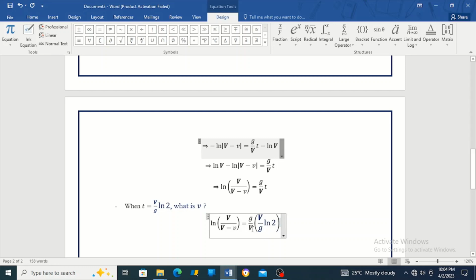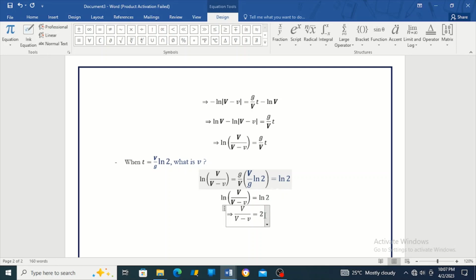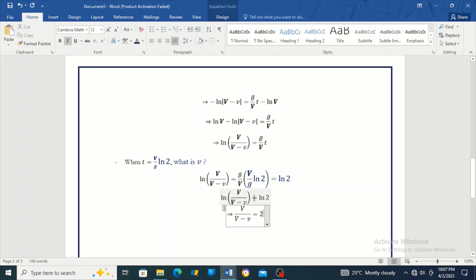Okay, now the first thing to do is that the v is going to cancel here, so it's not going to be there. You just have 2. I was already wondering why we are having 2 to the power g, because this g here we cancel with this g here. Sorry for the delay. Okay, now taking exponential on both sides, we can cross multiply.